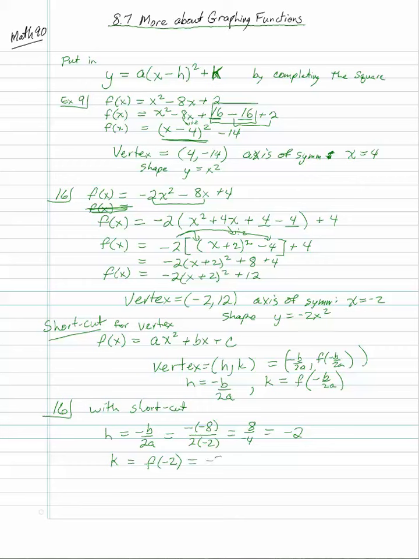We plug that in: negative 2 squared minus 8 times negative 2 plus 4. Punch that in your calculator. Negative 8 plus 16 plus 4, which is 12. So our vertex is (negative 2, 12), just like we found for 16, but a lot quicker. And then once you know the vertex, the shape is still y equals ax squared, so you just ignore the bx and the c, and it's pretty much straight from there.